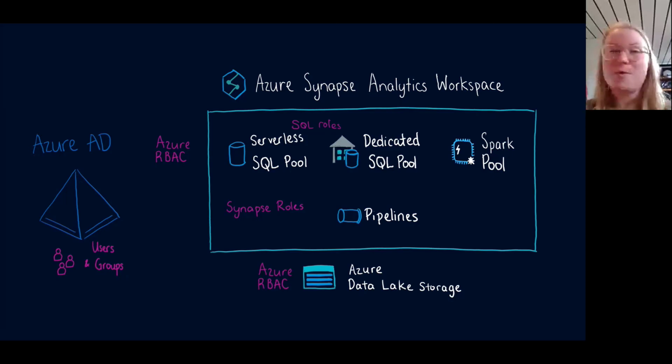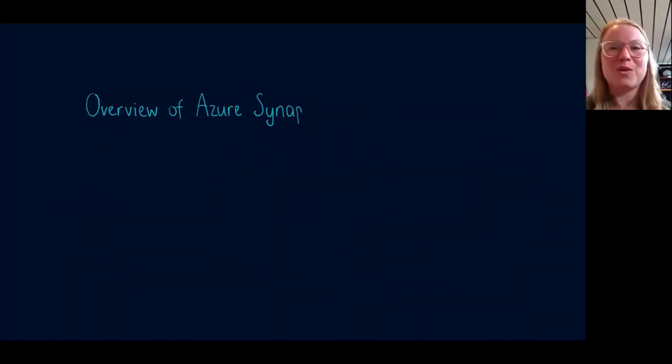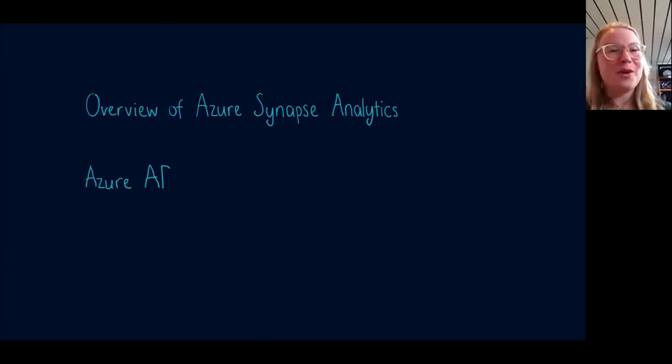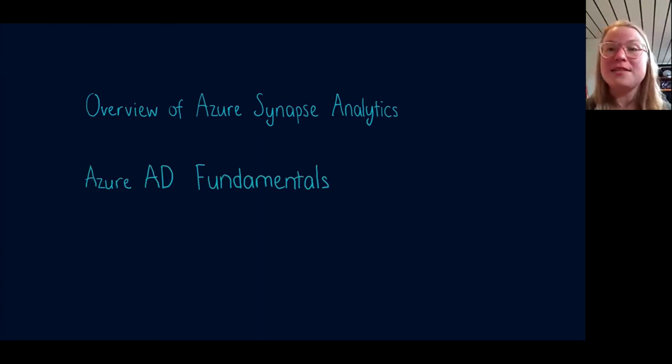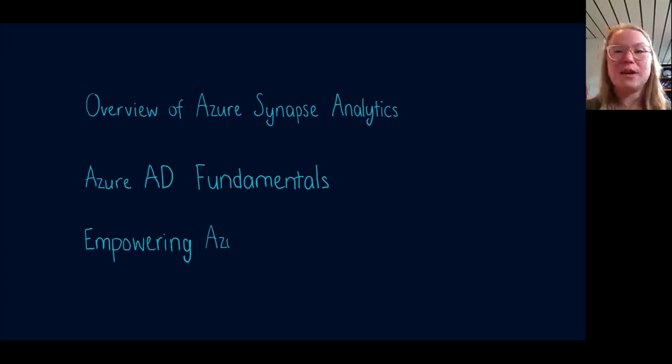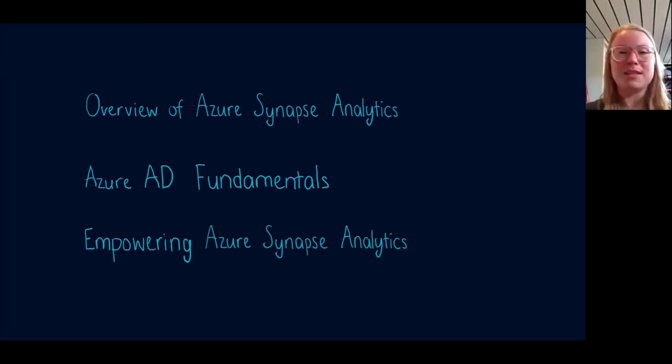I would still have so much to tell you, but I am running out of time, so I will start wrapping up. What we've gone through in this session is a brief overview of Synapse Analytics. Then we looked at the Azure AD fundamentals. And lastly, we looked at how we combine those and what the different components and places are where you need to set up access control in Synapse Analytics.